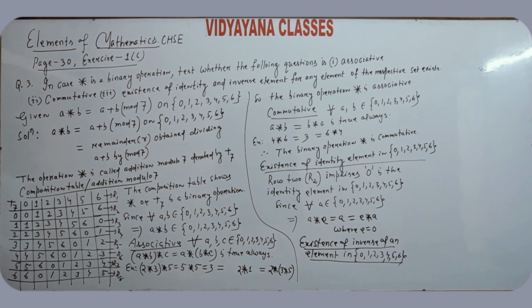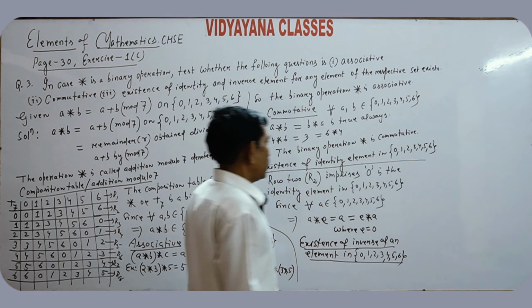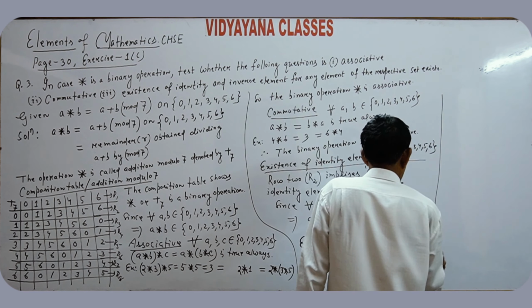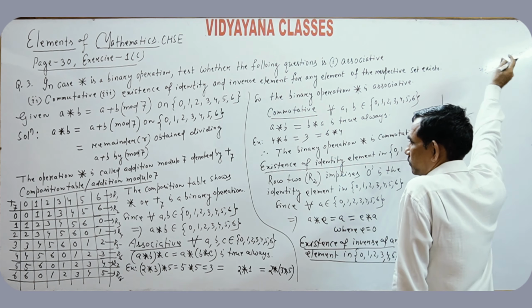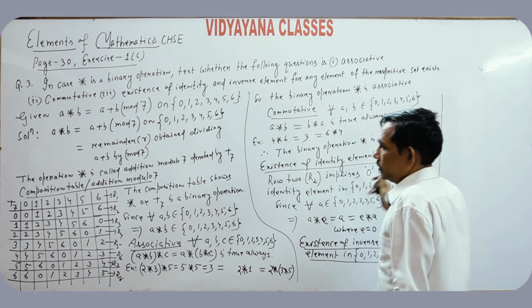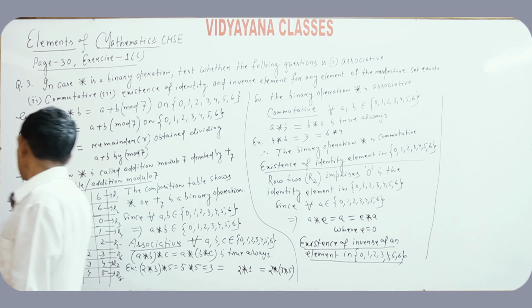From the composition table, 0 is the identity element. 0 plus 0, that means 0 star 0 gives 0. The composition table shows the inverse of 0.